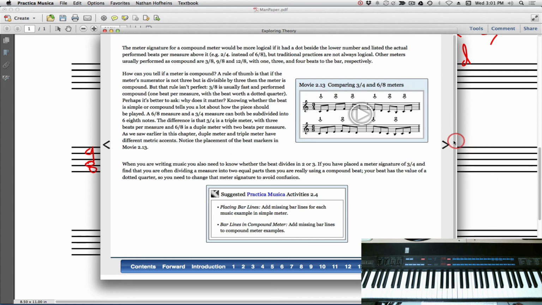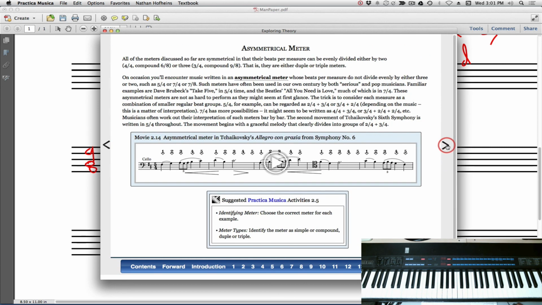Okay, I think that, oh, asymmetrical meters. Yeah, I don't know that we need to get into those too much. That just means that you've got like a 5/4. You've got 5 beats in the measure. So 1, 2, 3, 4, 5. That's just, we won't get into those too much.